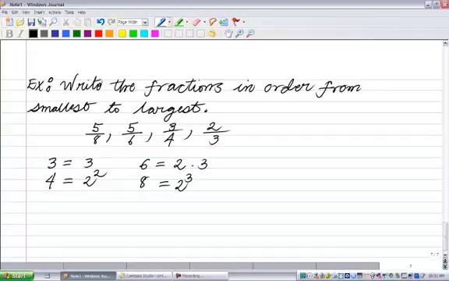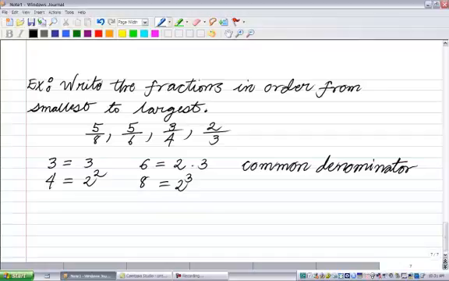So for the common denominator, I look at the prime factors. Have you guys heard about prime numbers? Here 2 and 3 are the prime numbers.